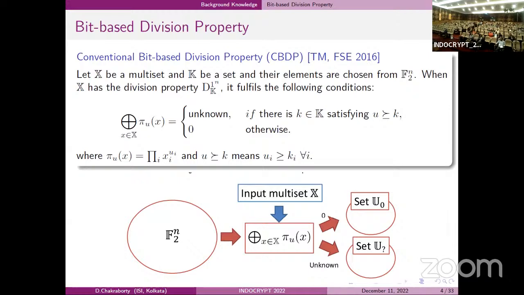They proposed this idea in Todo et al. at FSE 2016. So the idea is that we are dividing the F2^n set into two parts, unknown and 0. This is the fundamental concept, but the accuracy is not perfect here.